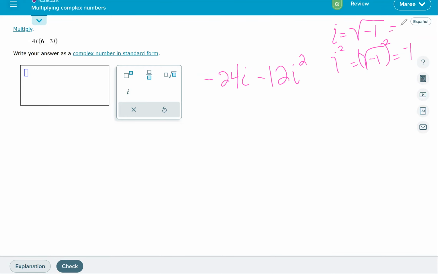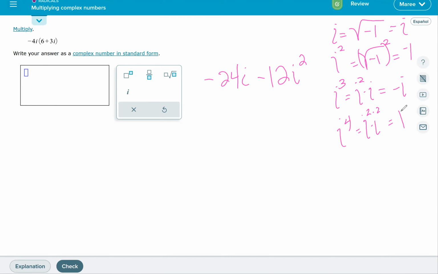So we just write that i squared is -1. i cubed is i squared times i, which is -i, and then i to the 4th is equal to i squared times i squared, which is equal to -1 times -1 is +1.